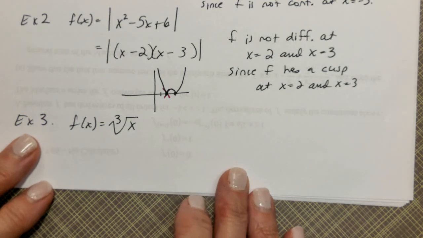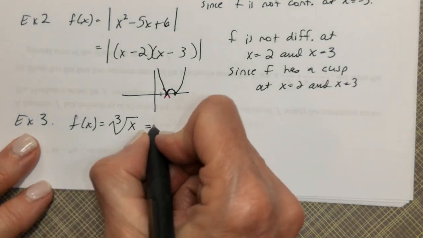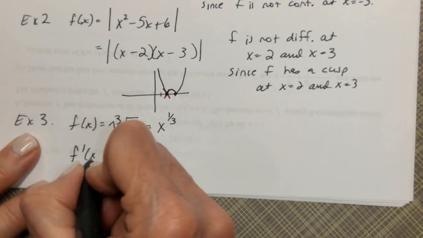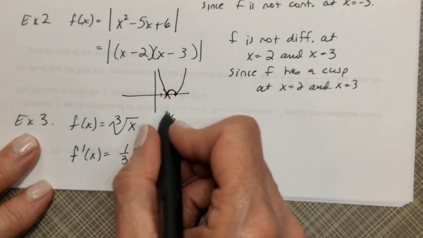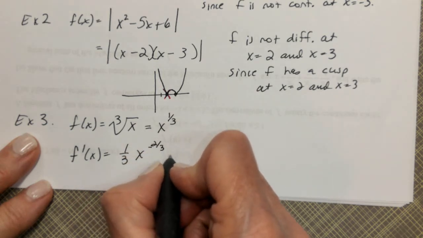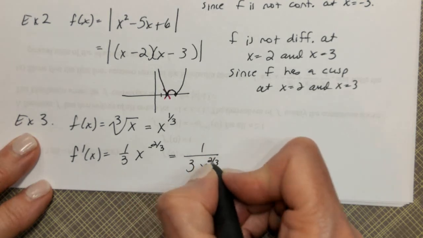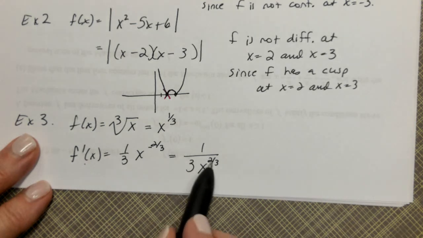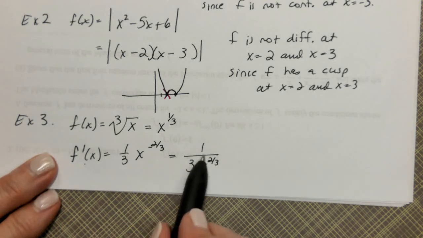Here's how to do it. Take the derivative. The cube root of x is x to the 1/3. So the derivative is 1/3 x to the, reduce your power by 1, negative 2/3. That is 1 over 3 x to the 2/3. The derivative has a 0 in the bottom when x is 0. Okay? That means the slope is undefined when x is 0.